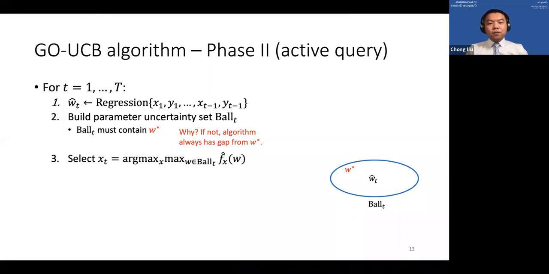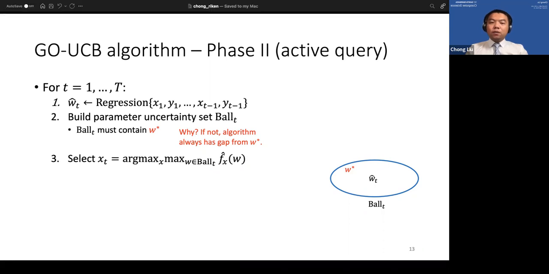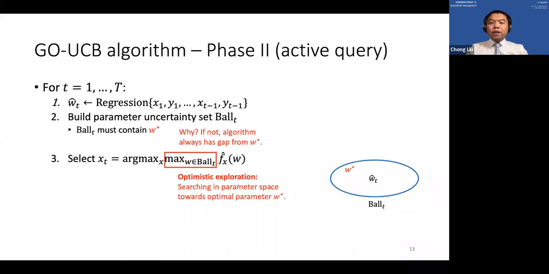And in the next step, I'd like to select XT, which is the argmax optimization over the X. Here the X is the argument, the function input, and also another max over the W. W is a parameter. The W optimization is contained within the ball T. So the max over the X, the max over the W in the ball T, I usually call it the optimistic exploration.